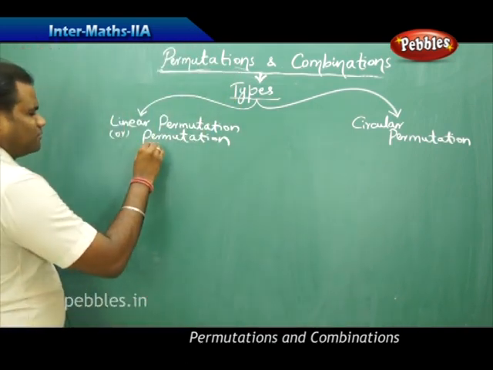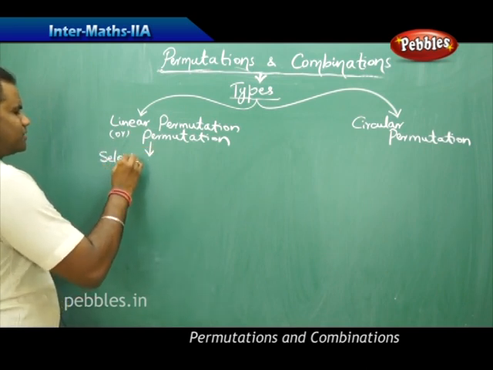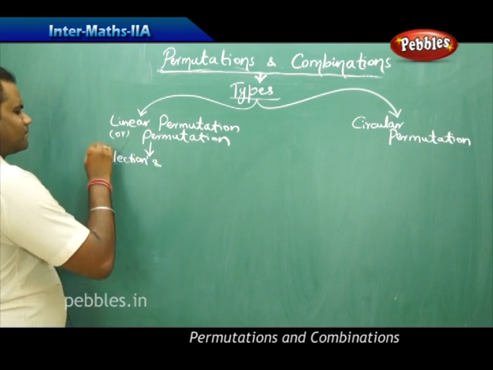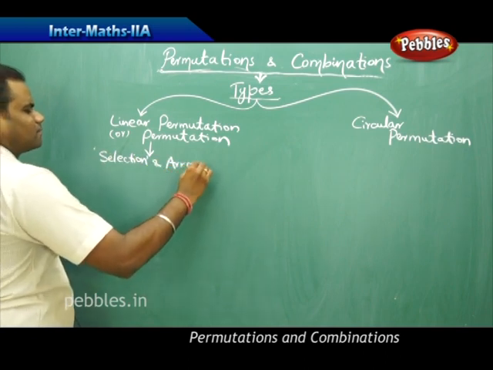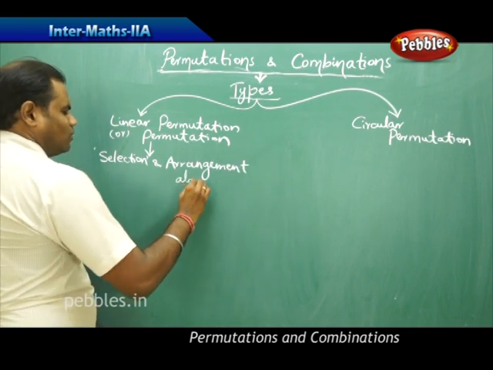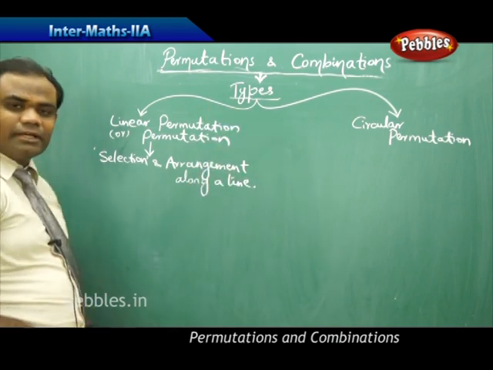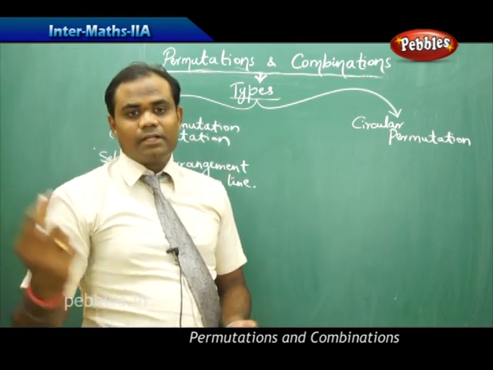So we define a linear permutation as selection and arrangement along a line, or in a line. We arrange them in a line.